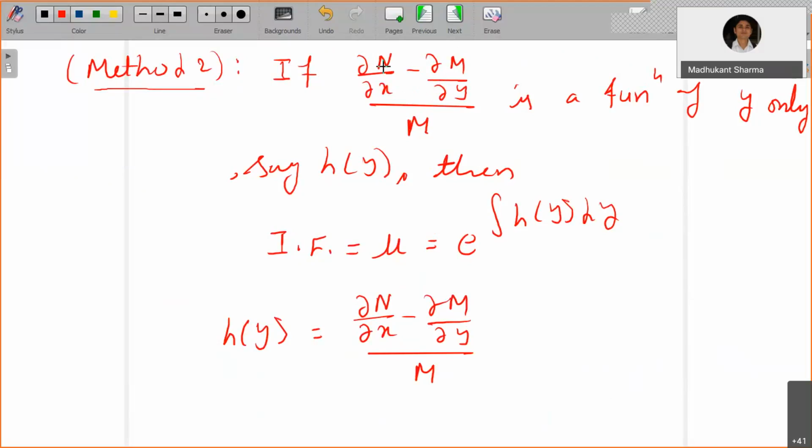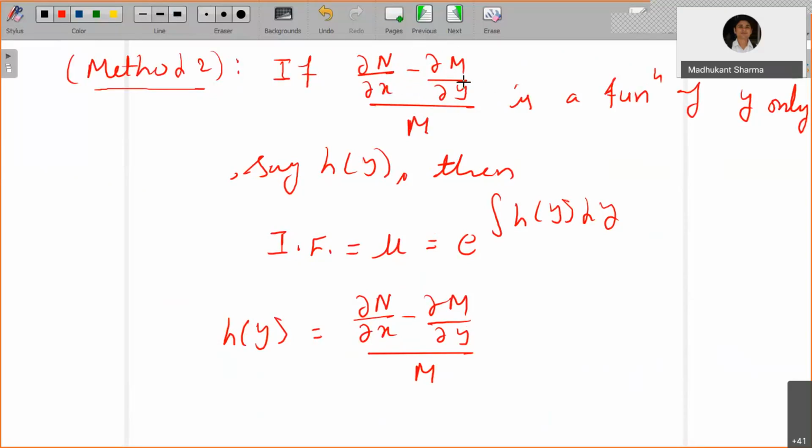If they are equal, it is exact and you know how to solve it. If they are not equal, then take the difference and factorize it.